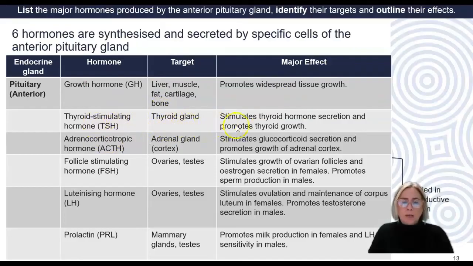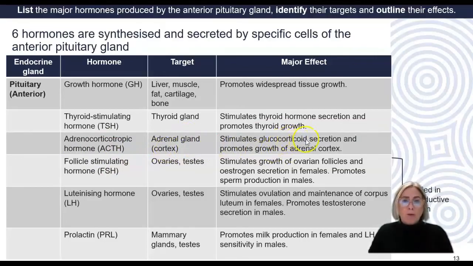So it will stimulate the thyroid gland to secrete thyroid hormones, but it also is involved in promoting thyroid growth as well. Then adrenocorticotropic hormone, which is abbreviated to ACTH, its target is the adrenal gland, the outer region of the adrenal gland, and it will stimulate the secretion of the glucocorticoids.